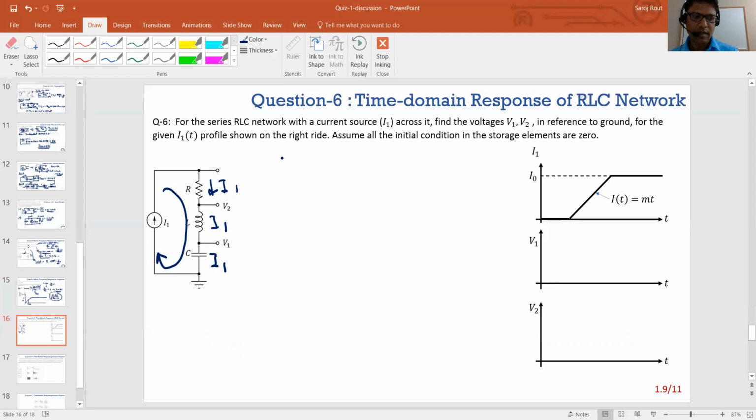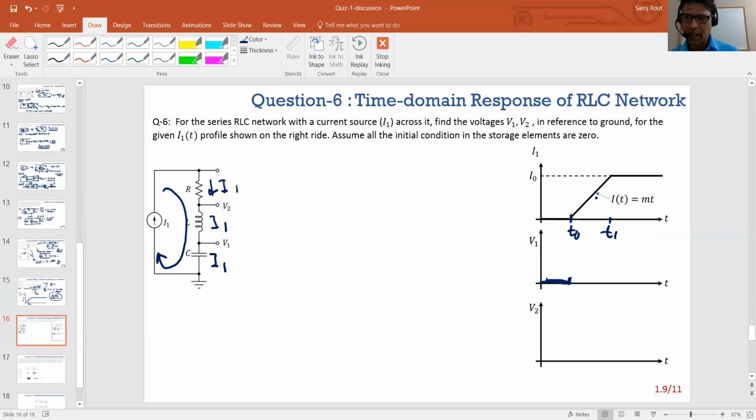So if you know the current going through it, for each element you can find out the voltage. So the first one, V1, since the current is 0, and we'll assume all the initial conditions are 0, it's 0 till, let's call this position some T0, and this is T1. So till T0, V1 is 0, because that's the voltage across the capacitor. If the current across the capacitor is 0, the voltage is also 0.